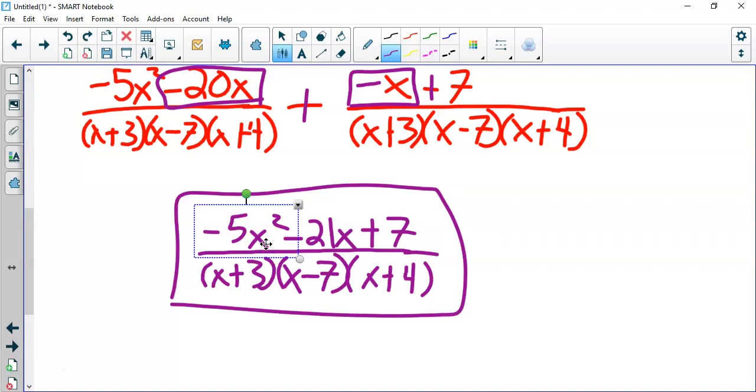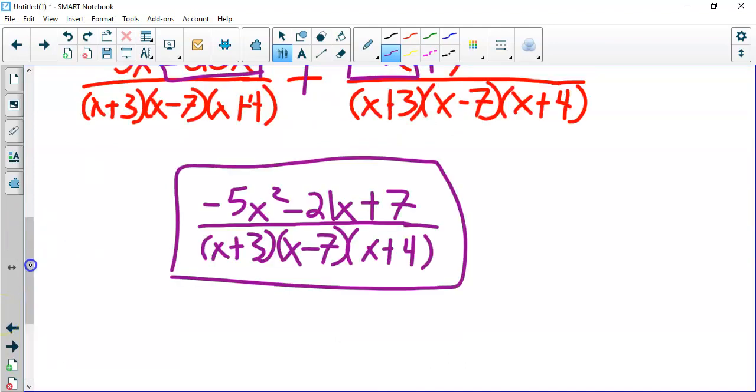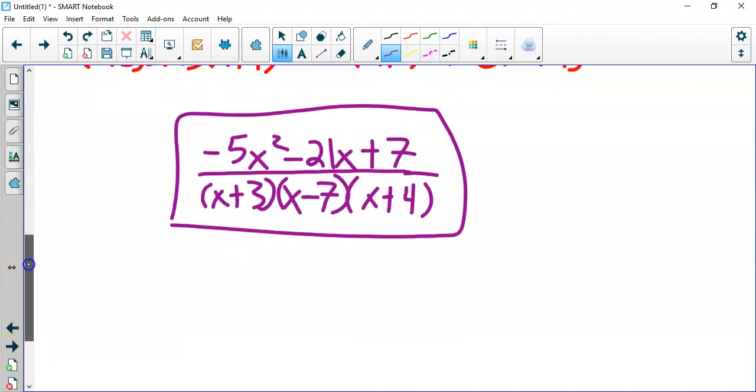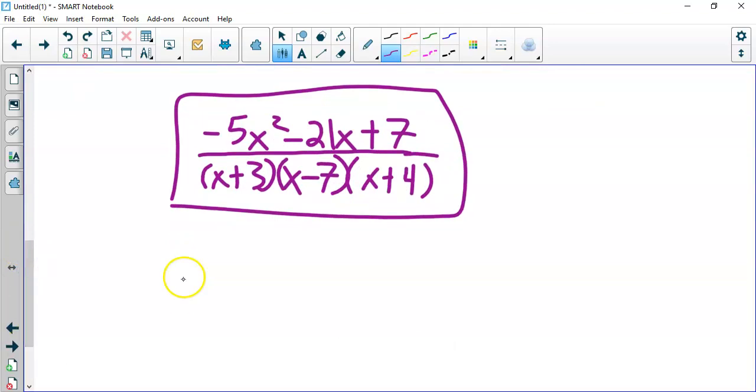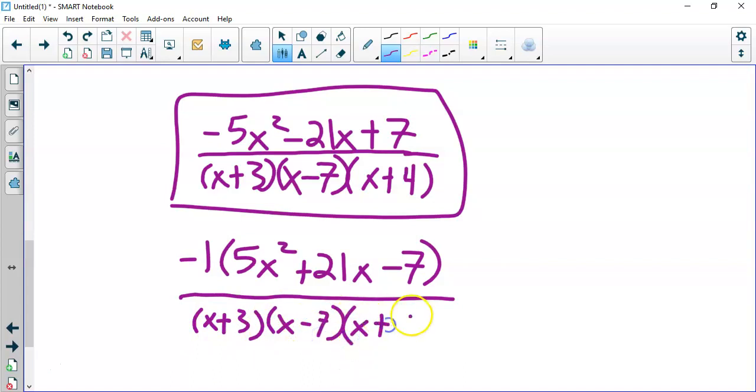And another possible answer, again, that answer that you see right here is just fine. But if you wanted to pull out a negative 1 and make this 5x squared plus 21x minus 7, that is also a valid answer, because in mathematics, when we do true factoring, we want our x squared to be positive.